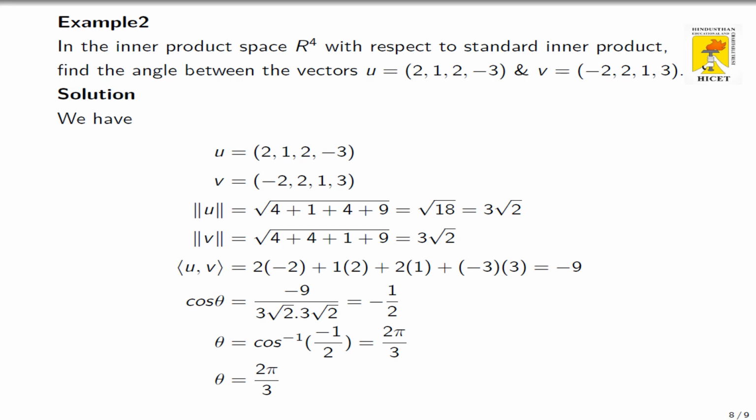Using the inner product and the norm, we got the inner product of u comma v is equal to -9, norm u is equal to 3 root 2 and norm v is equal to 3 root 2. So, after substitution, cos theta is equal to -1 by 2. Finally, we get theta is equal to 2 pi by 3.